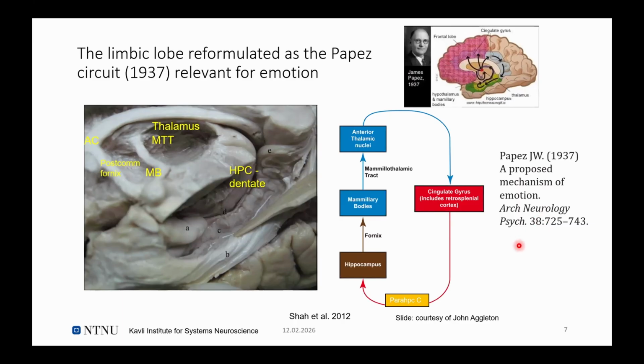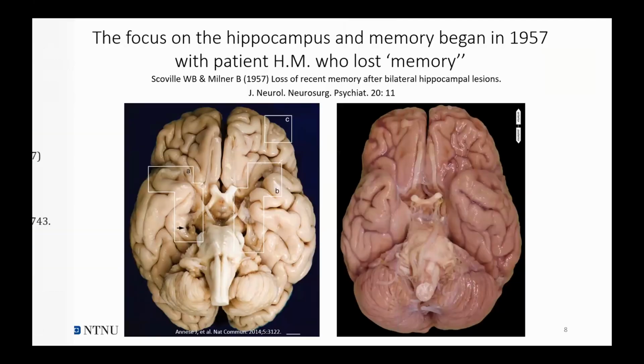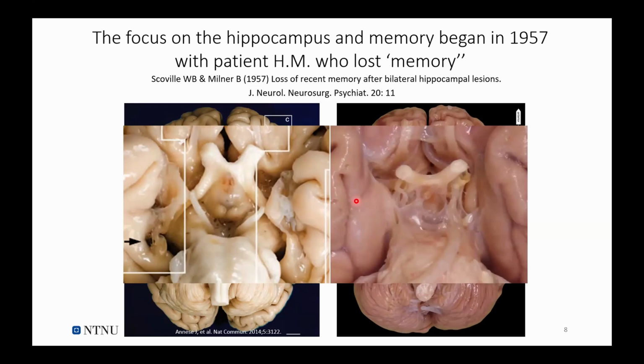This was, at the time, a pretty well-established concept, but that changed when Scoville and Milner published their paper in 1957, where they reported on bilateral hippocampal resection in HM, Henry Molaison, as we now know. If you look at his brain and compare it to a control brain, and I zoom in a little bit, there we go, then you see that what in a healthy brain looks like a quite smooth surface of the uncal portion of the medial temporal lobe.